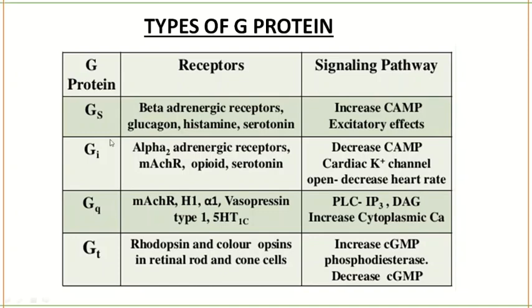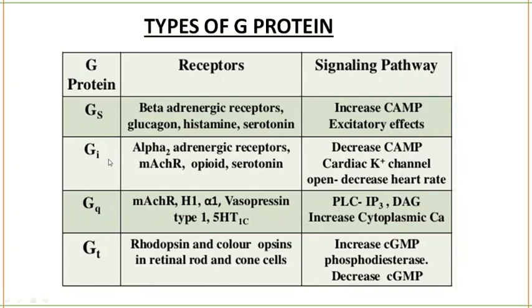GS is the G stimulatory, and its receptors, example I'm giving you here, are beta adrenergic receptor, then you have glucagon receptor, then you have histamine receptor. All of these are GS receptors. And the signaling pathway is that it will increase the cyclic AMP and an excitatory effect will be present.